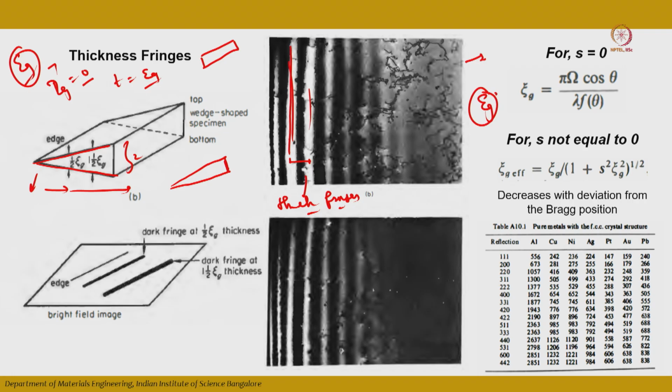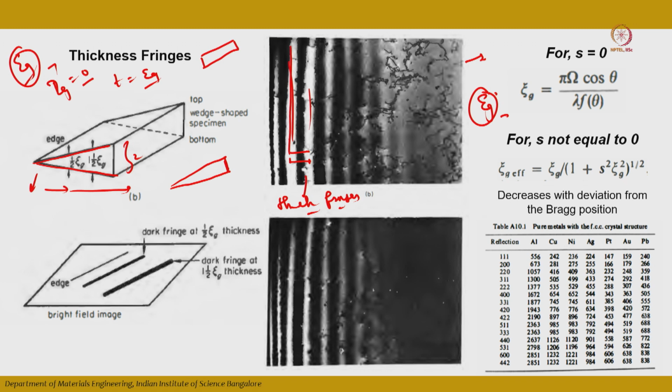diffraction. Okay. So, if you orient your crystal in such a way that your g vector changes, the distance between the two bright fringes will also change because your psi g value will change. So you can get a higher number of thickness fringes.